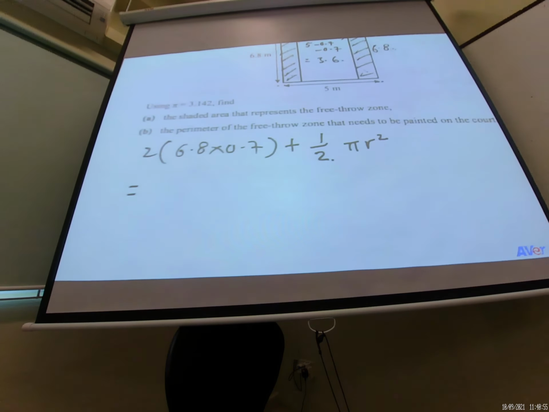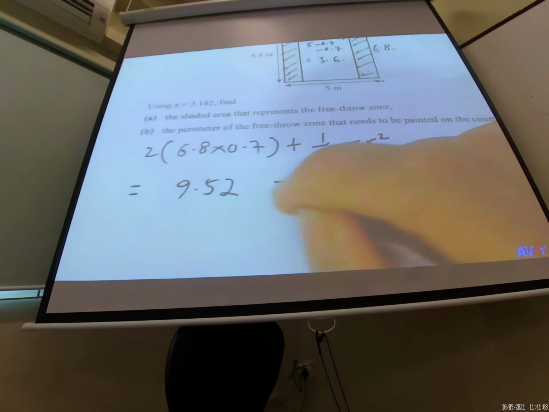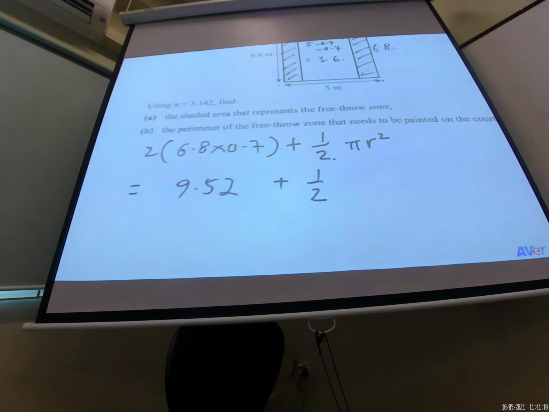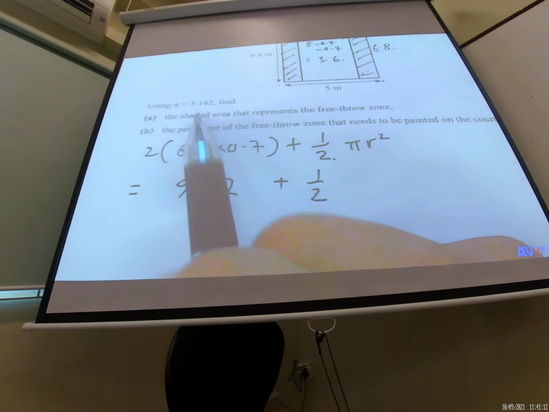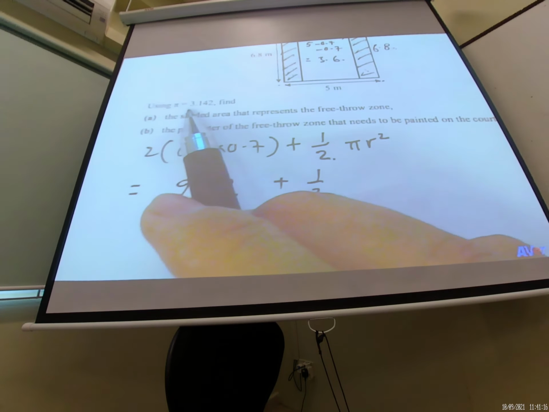Equals 6.8 times 0.7 is 4.76. 4.76 times 2 is 9.52. Half of pi r squared. So we always use calculator pi unless the question tells us to use another pi.